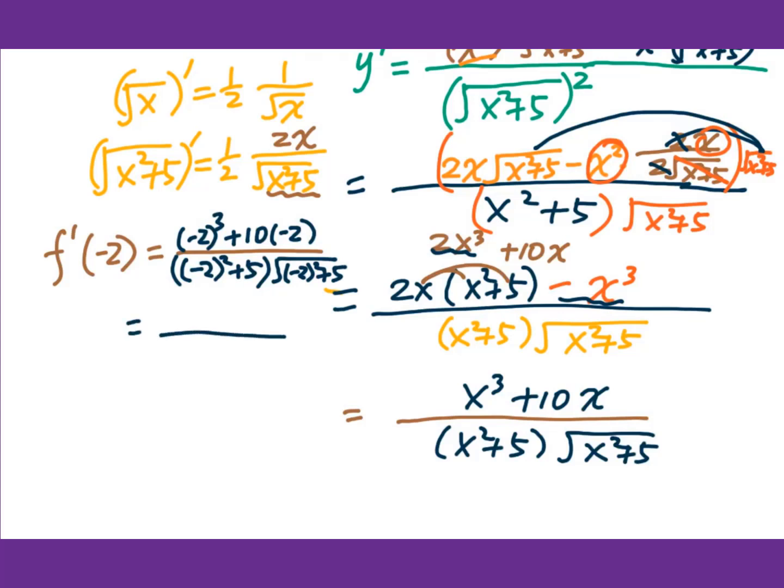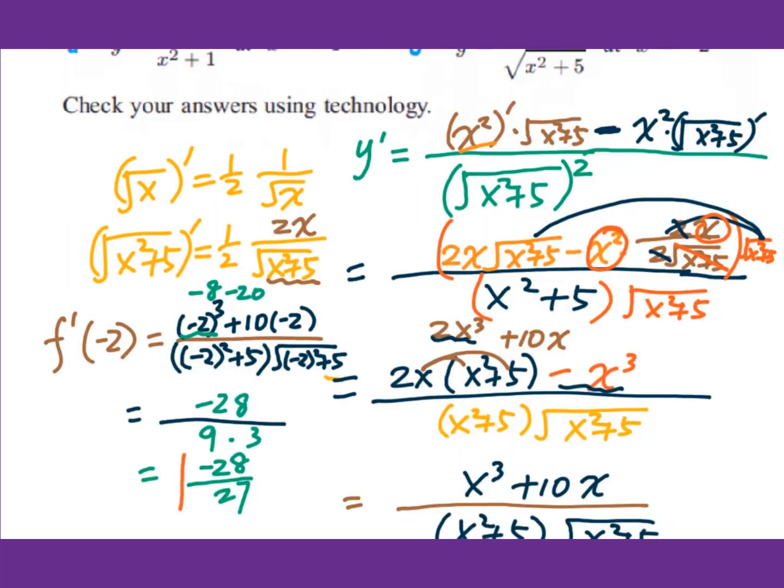You will get this part is -8 minus 20, so -28. 9 times 3, because square root of 9 is 3. You will get -28 over 27. This will be the gradient of the tangent line at x equals -2.